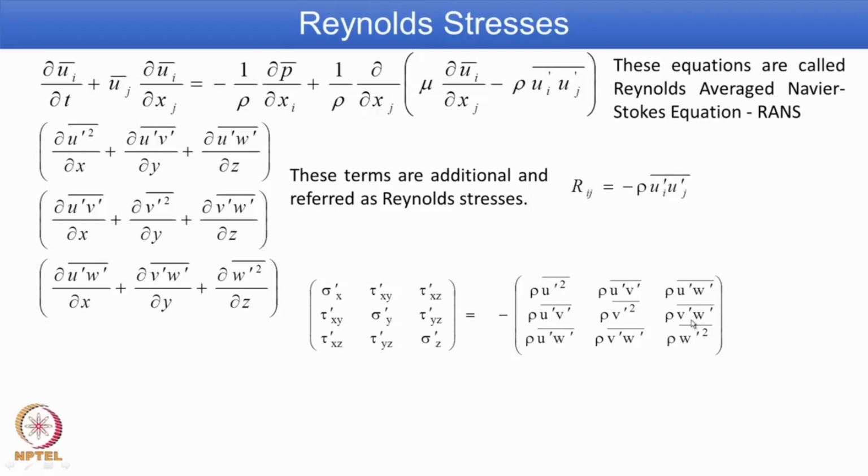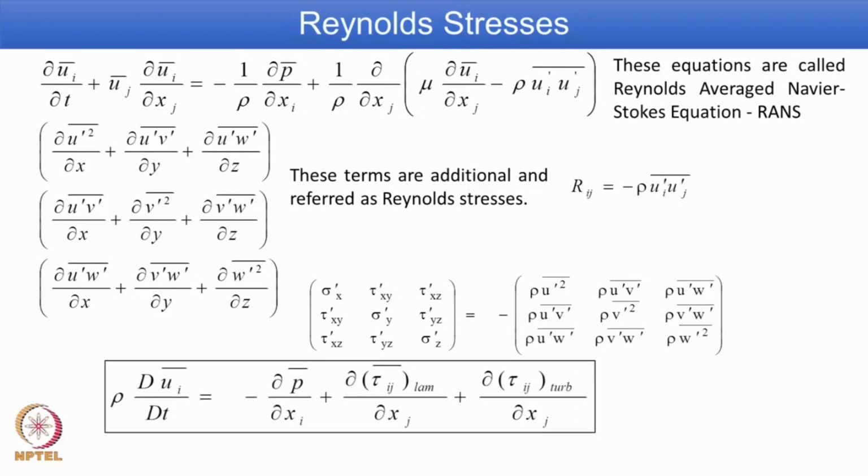Hence, the total number of unknowns coming through the Reynolds stress is only 6, 3 diagonal normal stress terms and 3 off diagonal shear stress terms. In the conventional form, it is written with the material derivative or total derivative on the left hand side. On the right hand side, we have the pressure derivative term. The second term, based on laminar viscosity, is written as laminar stress, and the third term is written as turbulent stress.